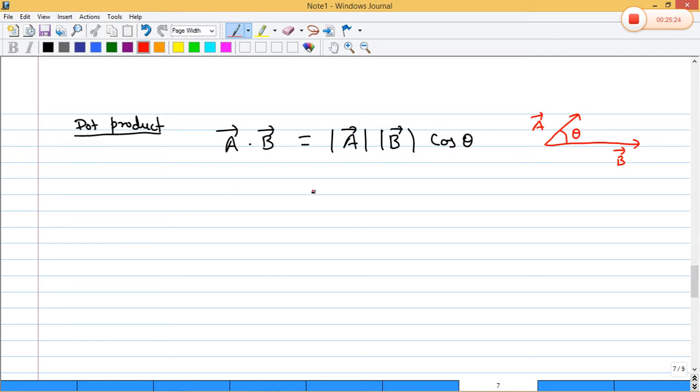So A cos theta is the projection along B, or B cos theta is the projection along A. Here we have written magnitude of A, magnitude of B into cos theta, where theta is the angle between them.